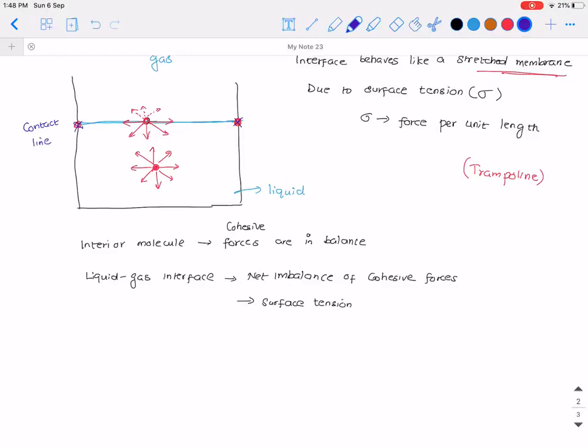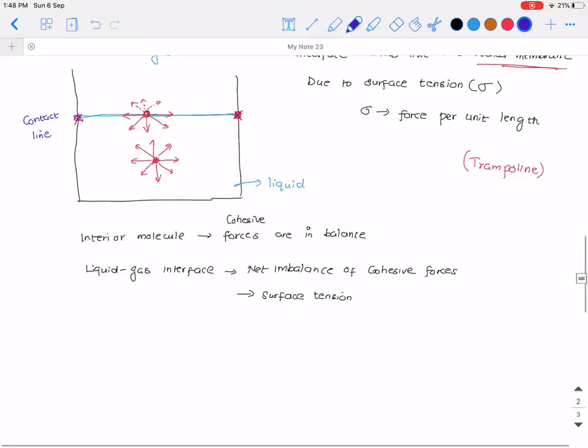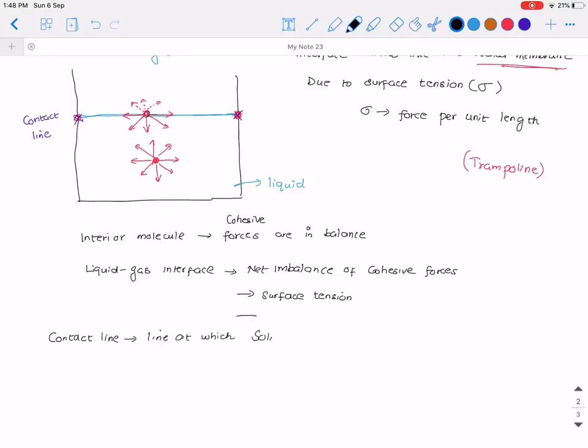Okay, and actually if you take a cylindrical vessel, it is going to be a line. So when we say contact line, a line at which solid, liquid and gaseous phases meet.